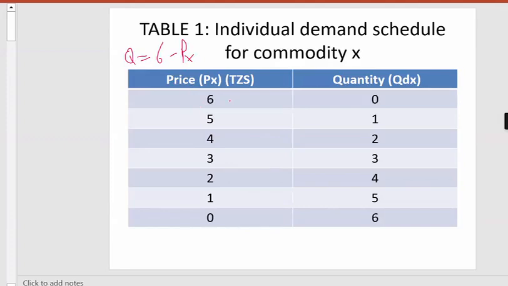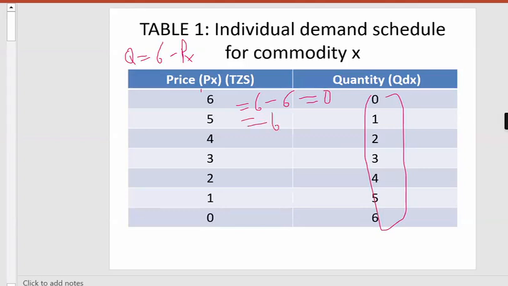Yeah, now at different prices, you can purchase different goods at different levels. For example, if P is 6, what is demand? That means it will be 6 minus 6, right? You get 0. So if price is 5, what does it mean?